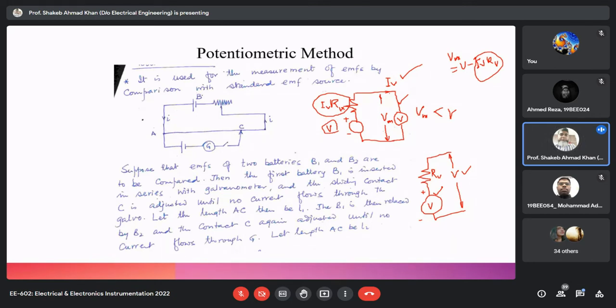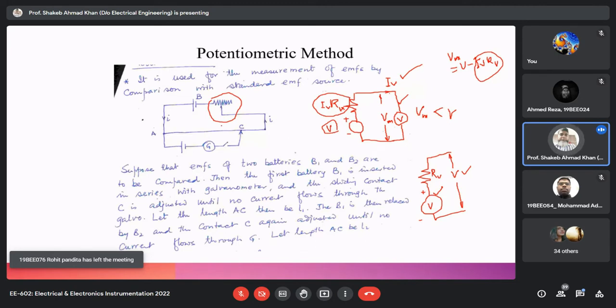We drop a voltage from a standard voltage source, whose voltage is accurately known, across the sliding wire. And this is the variable resistance that I had shown, to make sure that an excessive amount of current does not flow through the wire, because that will heat up the wire, and because of the heating, the wire resistance will change.